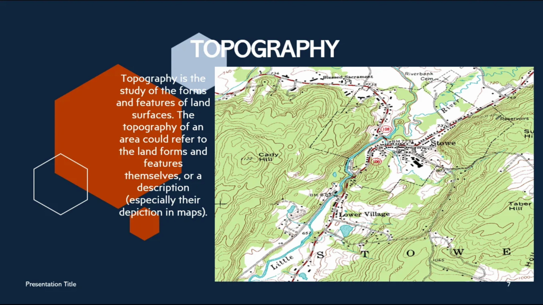Topography is the study of the forms and features of the land. The topography of an area could refer to the landforms and features themselves or a description, especially their depiction in maps.